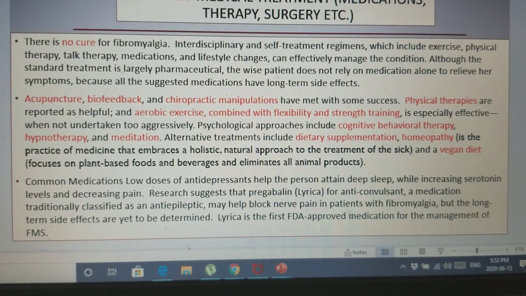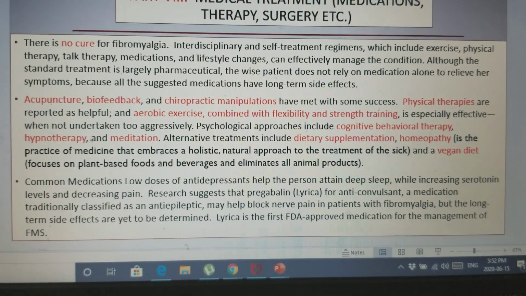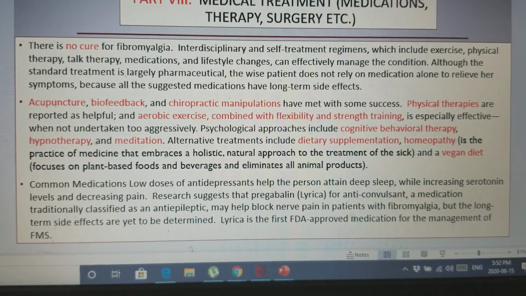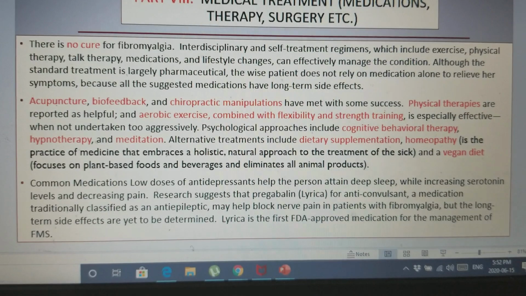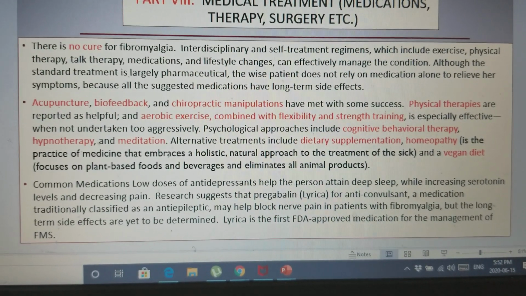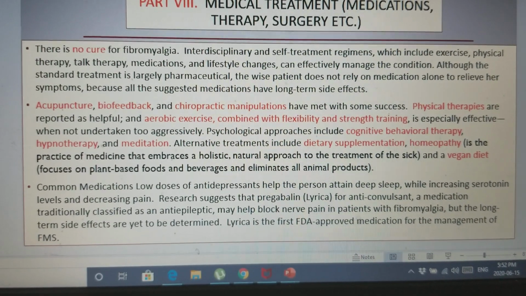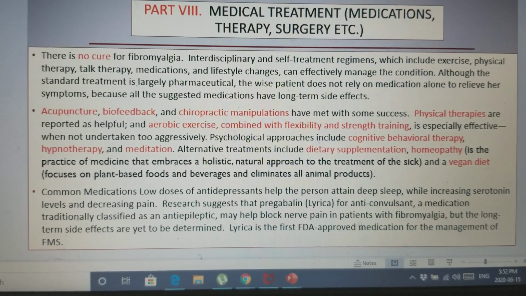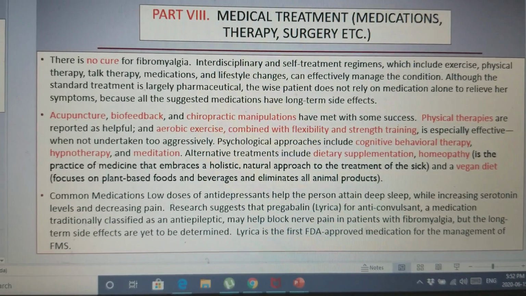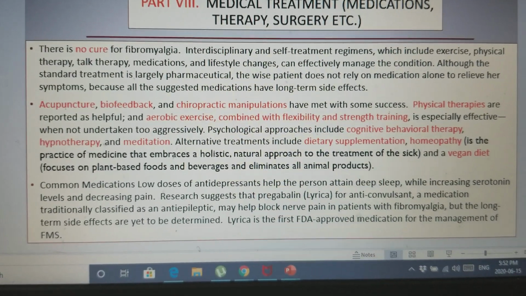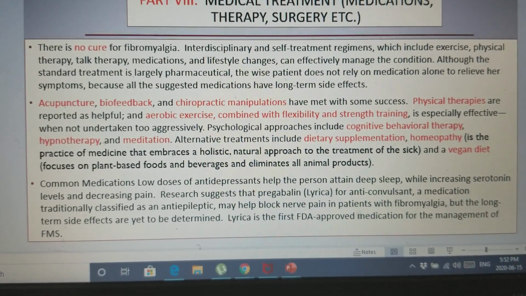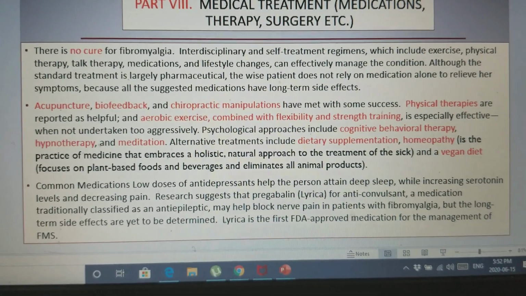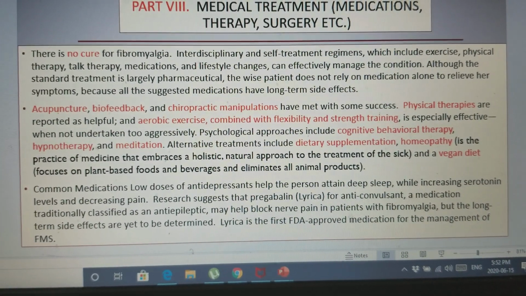So we're just gonna be looking at some other things that can be helpful in treating it, or in lessening the pain or the effect of a fibromyalgia condition in a person having that.